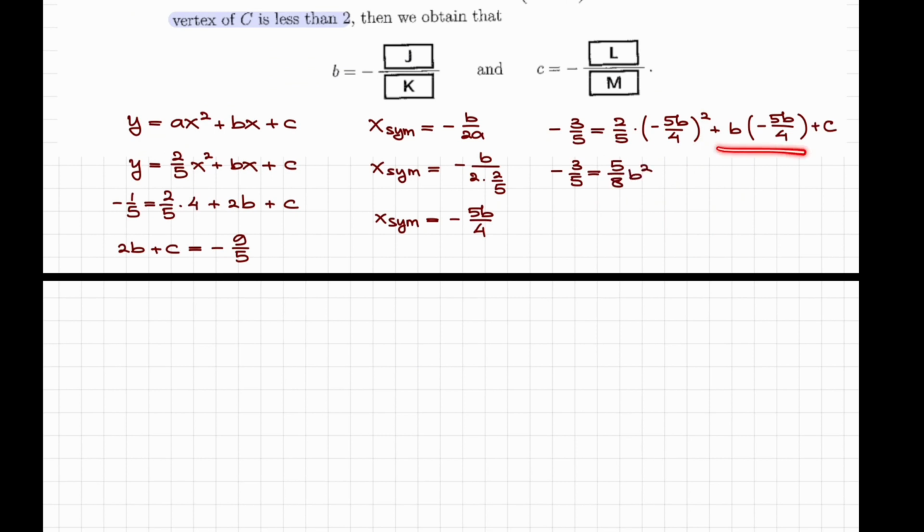And for this one, I got negative 5b squared over 4. I think I will directly substitute c by negative 9/5 minus 2b. From this equation, you can substitute c. C is negative 9/5 minus 2b.